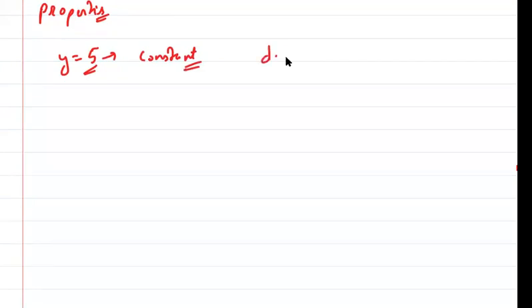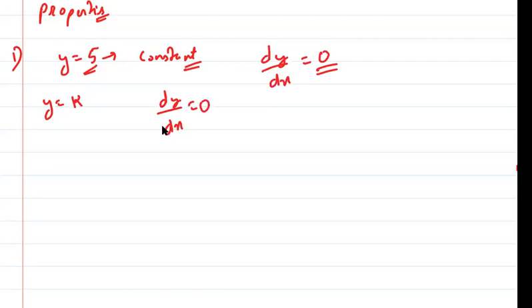No, right? So in this case, dy by dx is equal to 0. So differentiation of any constant is 0. That's the first property. If y is any constant, then dy by dx is 0. That is your first property.